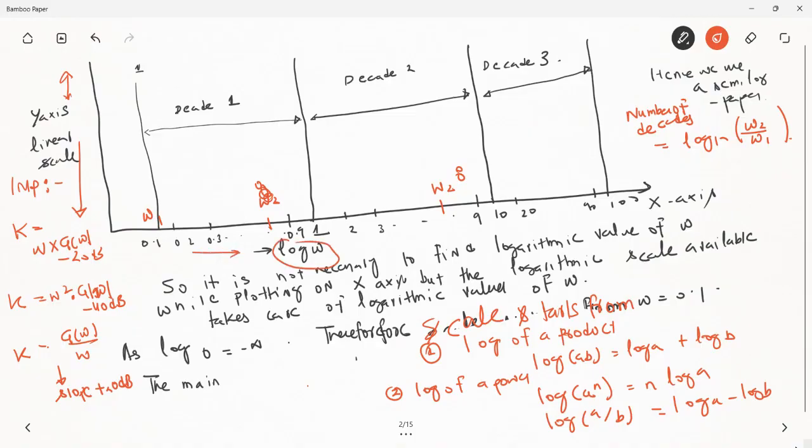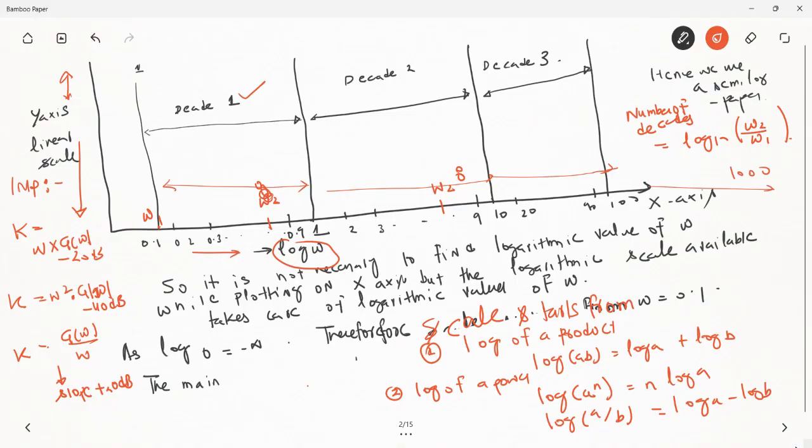So these are the logarithmic values. The graph is starting from 0.1 because log 0 is infinity. From 0.1 to 1, it shifts, right? So this is called one decade. Again, from 1 it will shift to 10, then 10 to 100, then 100 to 1000, and so forth.